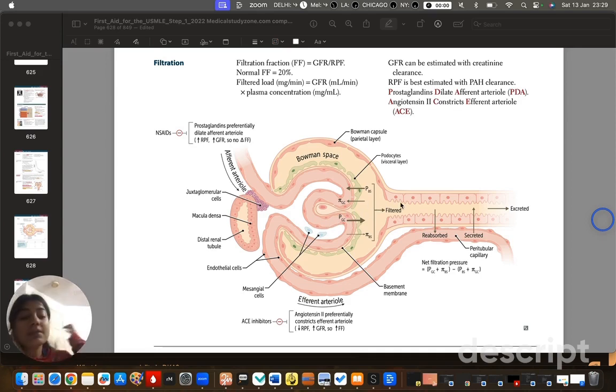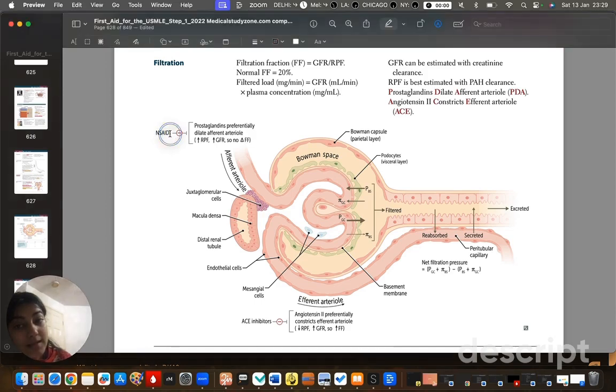And these examples are given by medicines. Like if you don't want this constriction to happen, dilation, these medicines are called NSAIDs. You have a lot of patients who are taking ibuprofen or other medicines like aspirin.